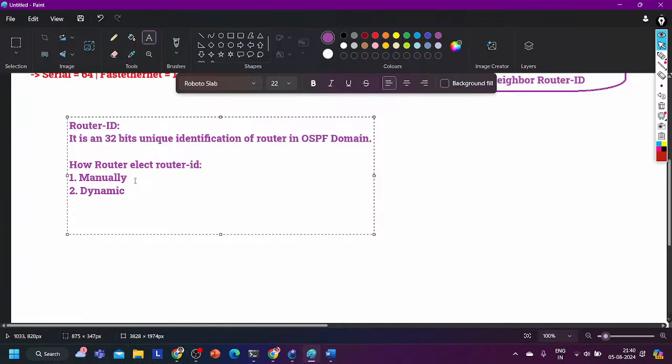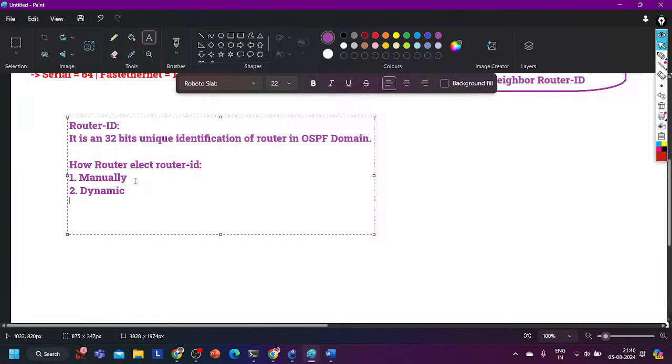Is there any loopback on the router? If yes, then the IP address running on the loopback interface will be elected as the router ID, right? So on the router, let's suppose we have one loopback. On the loopback, I'm running IP 1.1.1.1. So the router ID of OSPF will become that IP address.